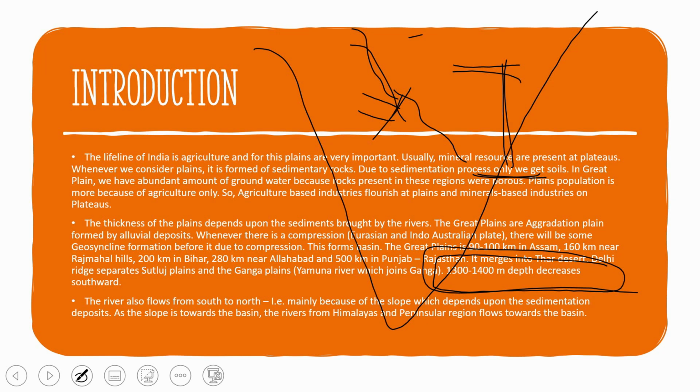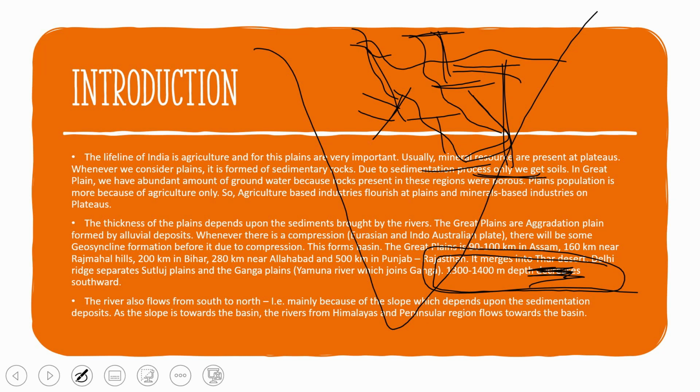Don't take it as an actual measurement, but the depth will increase or decrease. If the depth decreases, the river will get turned, and if the depth increases, the river will flow into that region, and ultimately it will fall into the Bay of Bengal.